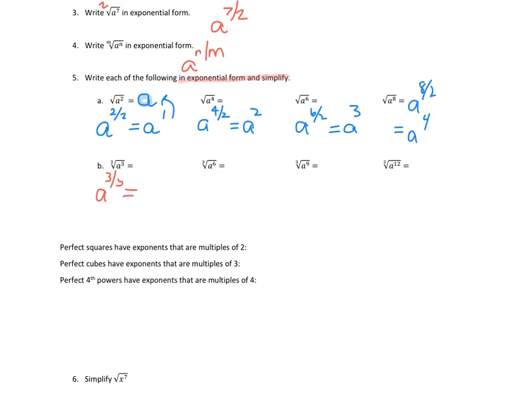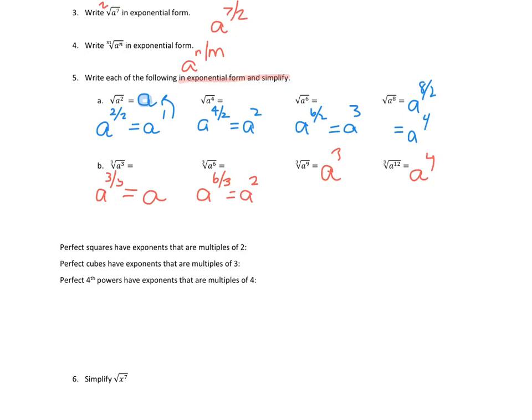All right, so our first one, 3 over 3 is a. A to the 6 divided by the index is a squared. And then maybe you're picking up the pattern, a to the 9 divided by 3, a to the 12 divided by 3. And there you go.